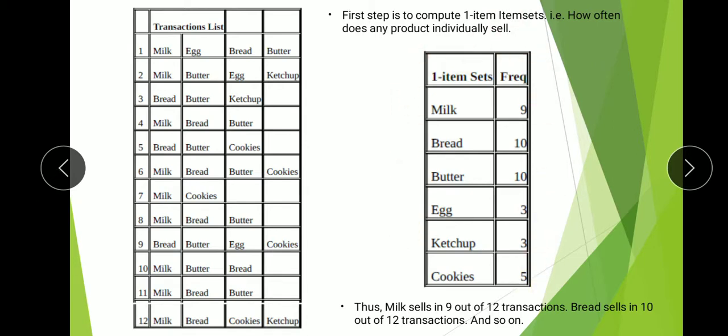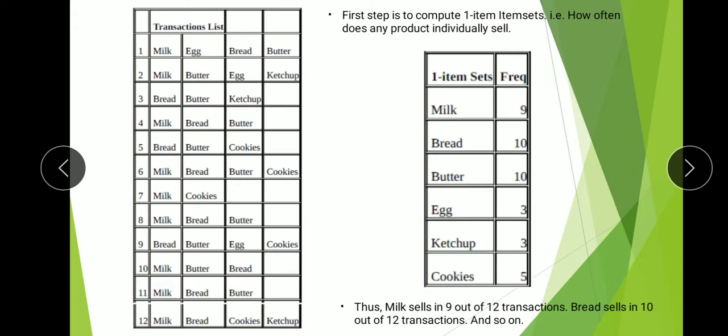Once the one item sets are found, now we have to find how many of them satisfy the minimum support level, 33%. So 33% of what? Of 12, because the total number of transactions is 12.